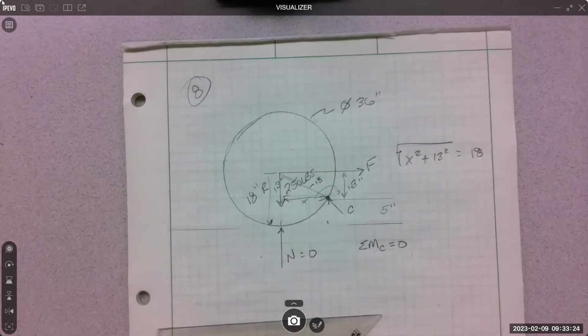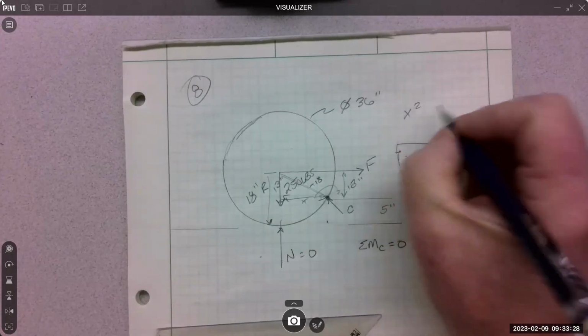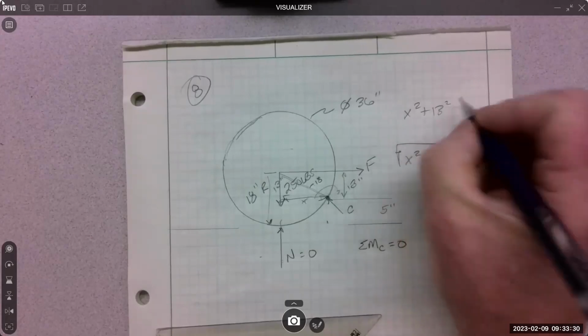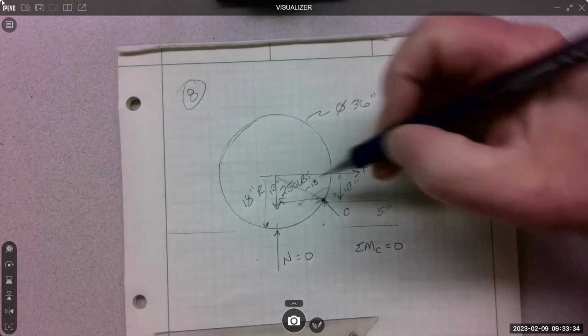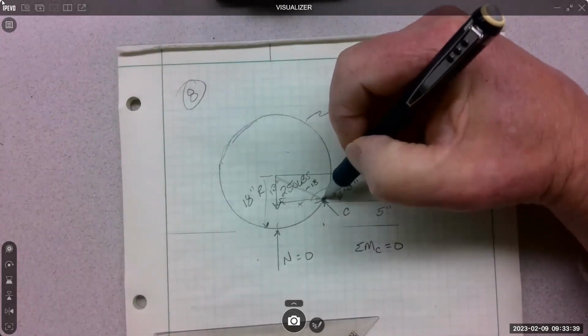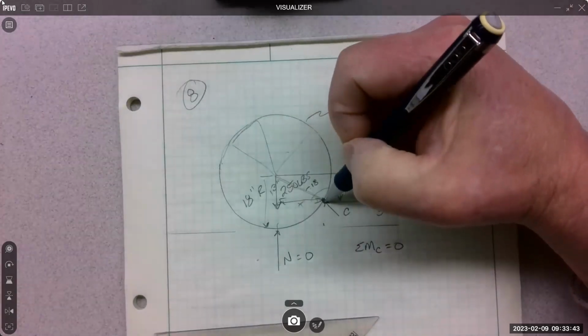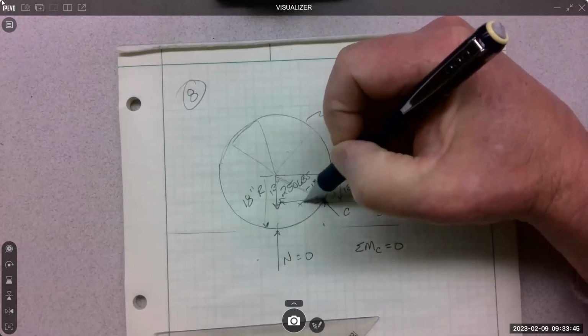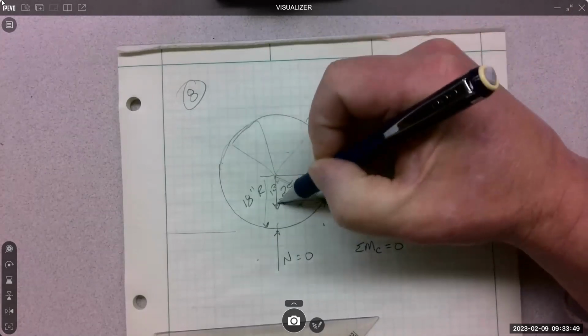Is that correct? I guess if I wrote it all the way out first, maybe that would help. X squared plus 13 squared equals 18 squared. Because I know the hypotenuse, the radius is 18, right? That's everywhere. That's here, that's here, that's here, that's here. And I know this distance is my unknown x, and I know this is 13.